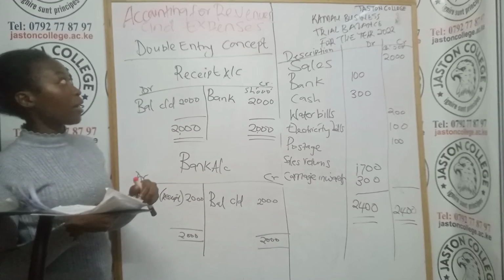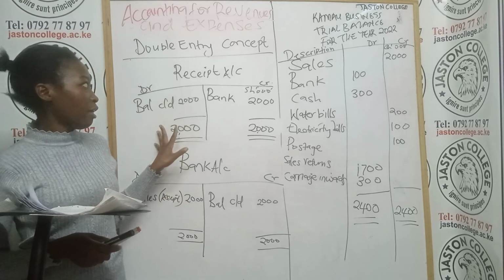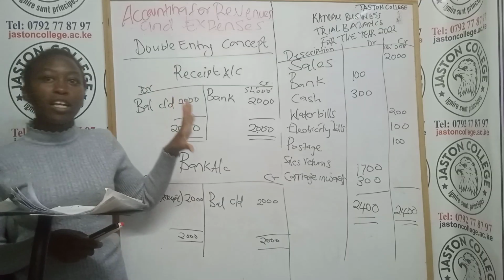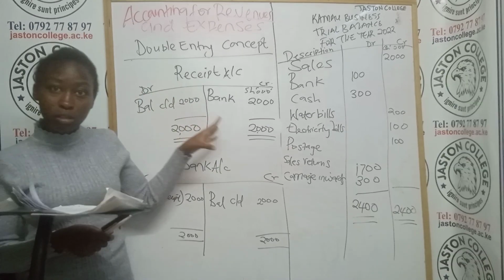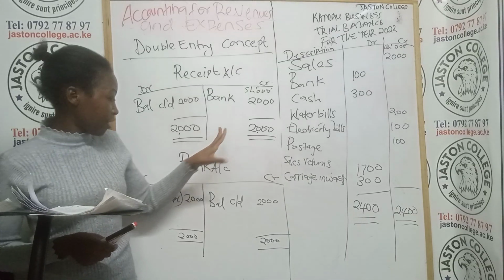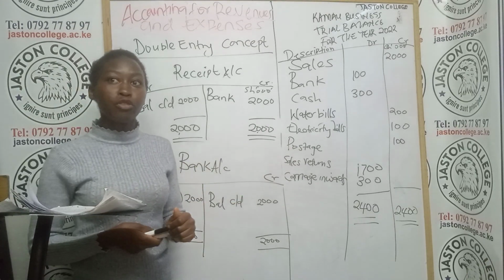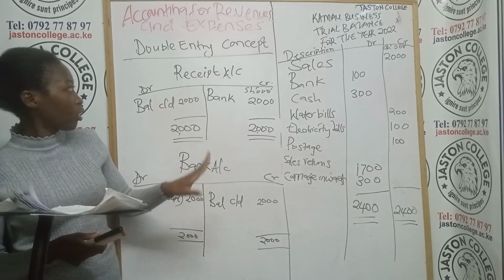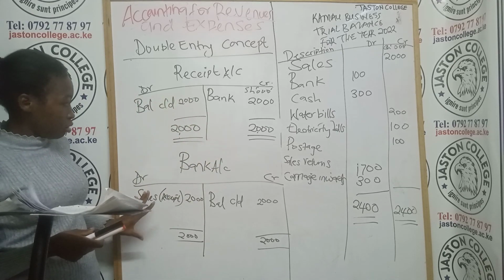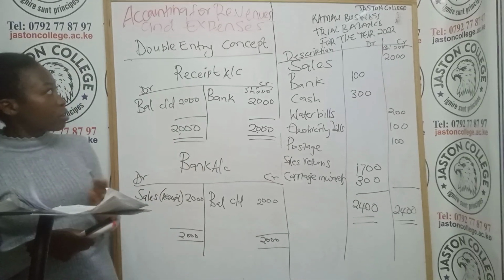So these are our two accounts, and this is our double entry. That means every sale we make will affect our sales account and also the transaction of the cash or bank that we received from. So the double entry will be seen here on our two transactions, on our two books.